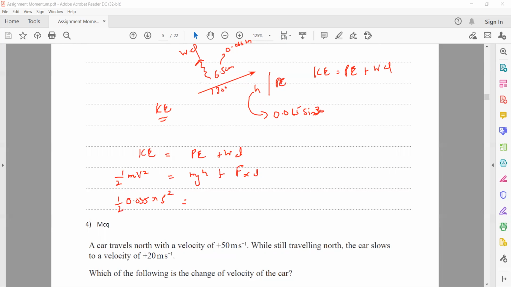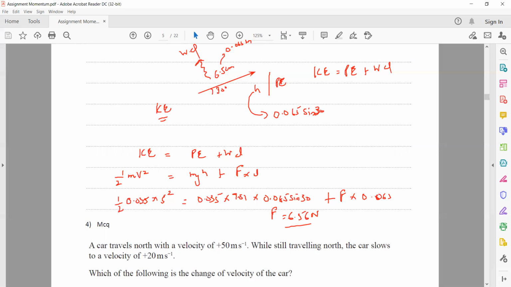And potential energy mgh, the mass is 0.035 multiplied by 9.81 multiplied by height 0.065 sin 30, plus force into distance. The force is unknown and the distance is 0.065. So when we solve this, the friction force will come out as 6.56 newtons.